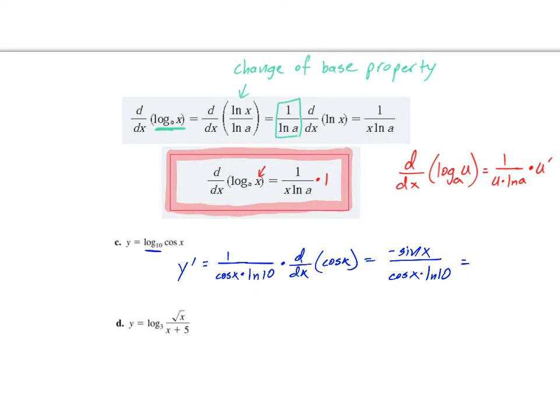So I could say that this is negative tan x all over ln of 10 could be my answer.